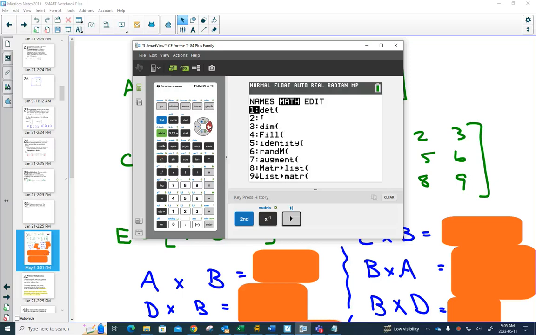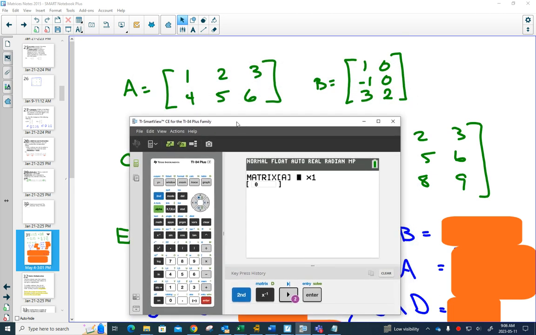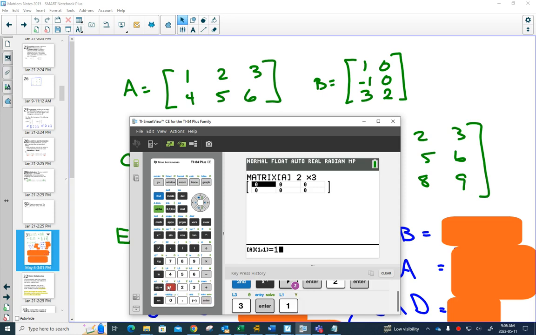You can do math with your matrices, and you can edit them. We're going to start with edit, and we are going to enter in matrix A, just as you see it here. It happens to be, how big is it? 2 rows by 3 columns. And we can go 1, 2, 3, 4, 5, 6. And we've entered in matrix A.